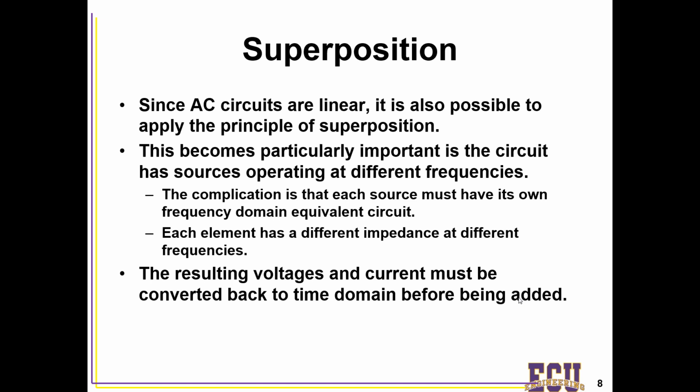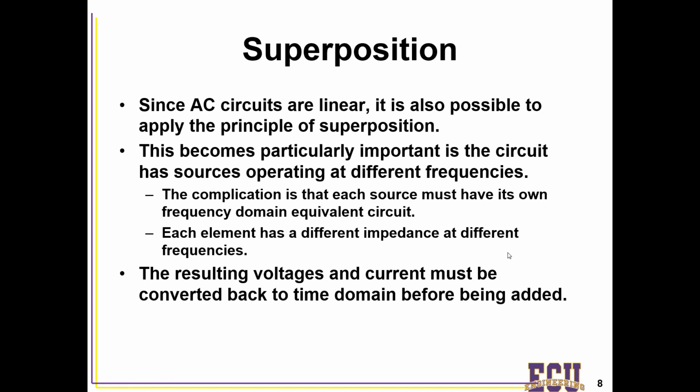You're going to have to look at the impact of one source and then the impact of the other source. And so you're going to have to just cut off all of the sources but one, just like we did before with superpositioning, and then you're going to convert everything to a complex impedance for that source. Then you're going to cut off everything except another one and keep doing that for all of the voltage sources or current sources that you have, and then add everything back together.